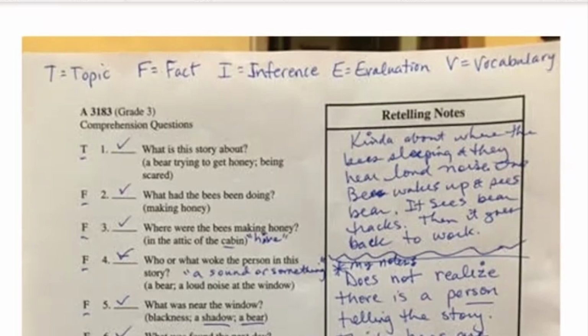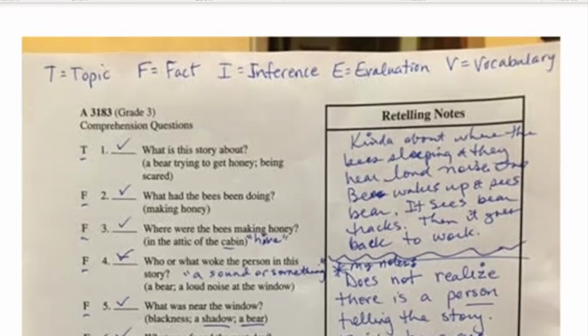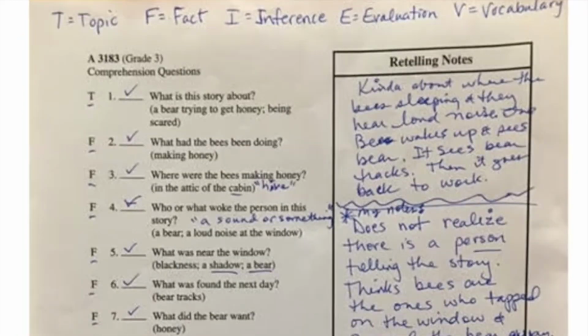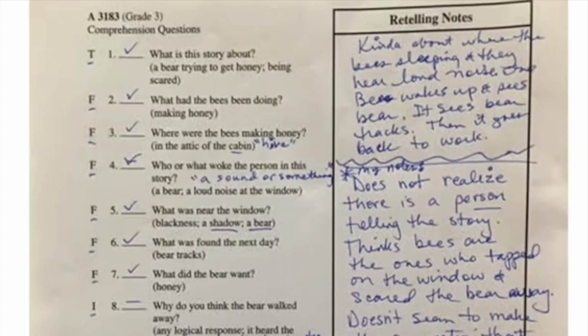If it has an I, it's an inferential question. If it has an E, it's an evaluative question. Inferential and evaluative are more higher order thinking, more abstract. And then V is a vocabulary question. So every comprehension piece will have a variety of questions like that.